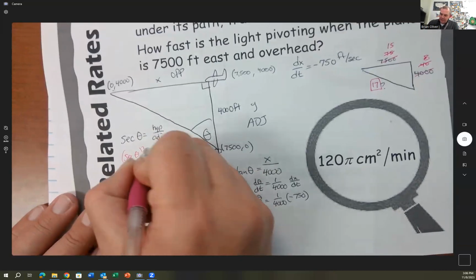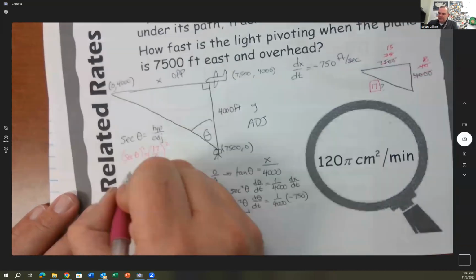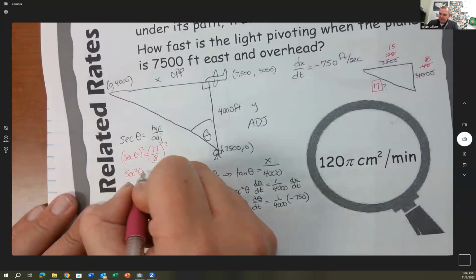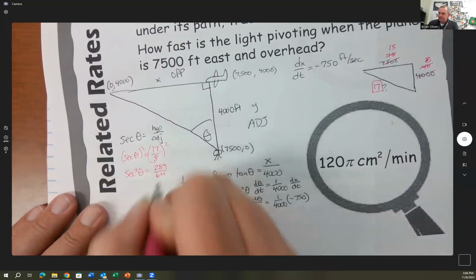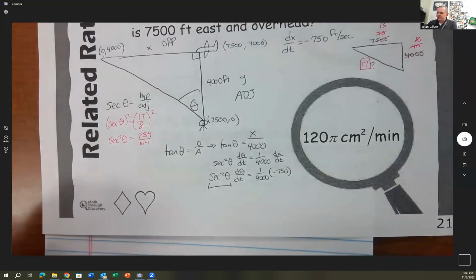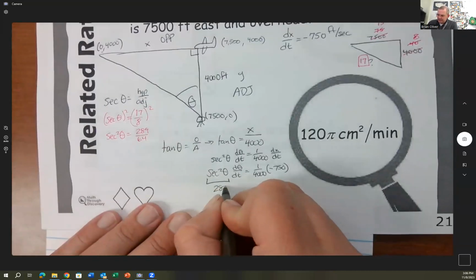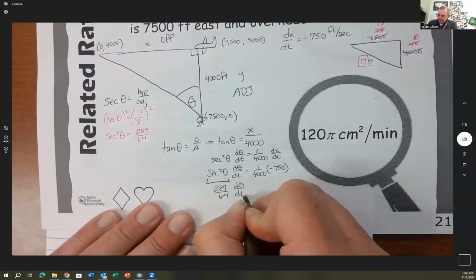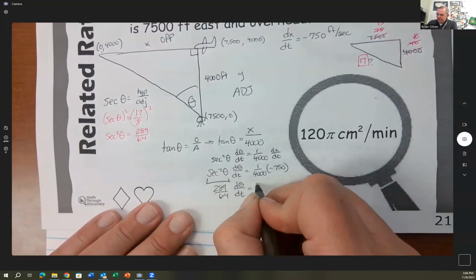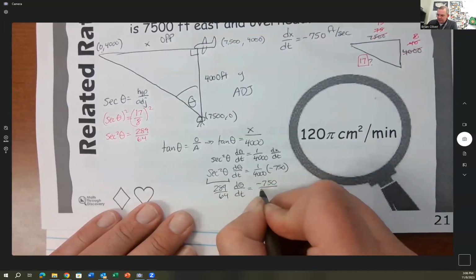So if I square both sides, I'm going to get that secant squared theta equals 17 squared, which is 289 over 64. So that tells me that this guy is 289 over 64, d theta dt equals negative 750 over 4,000.